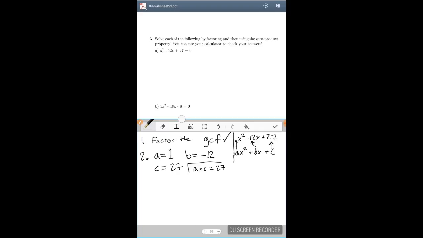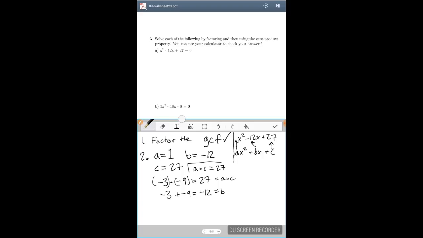So still we want to ask ourselves, how do I take two numbers to multiply to get 27 that add to negative 12? So if you're here for the first part of the video, we found out that negative 3 times negative 9 is equal to 27. But also that negative 3 plus negative 9 is equal to negative 12. And that's our b.